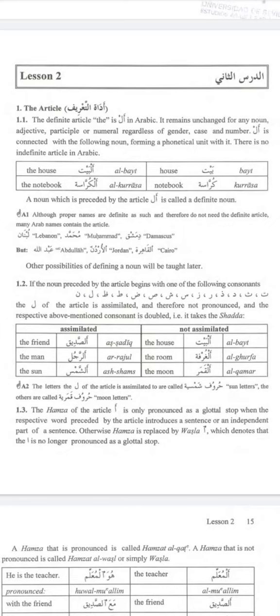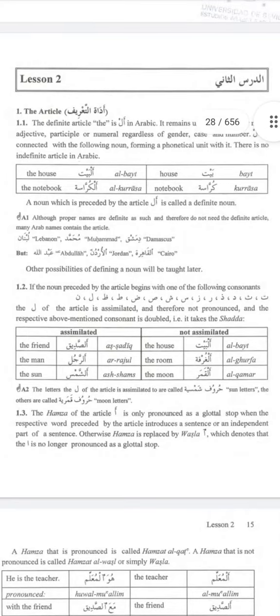So after you understand this, you should know that this topic is actually talking about ismun. It's talking about ismun in the sense that the Adatu Tarif, the article being talked about on this page, has nothing to do with fi'l and has nothing to do with harf.